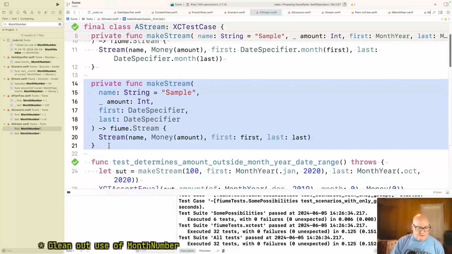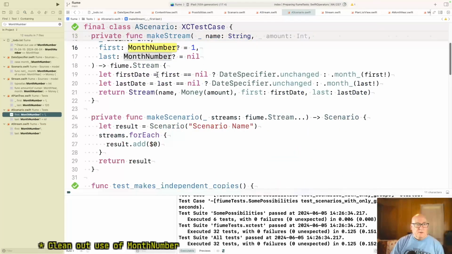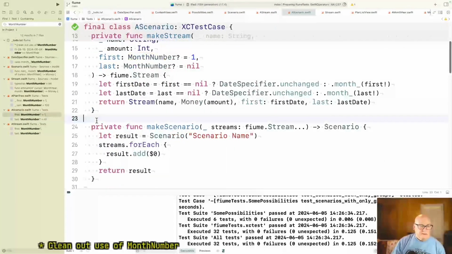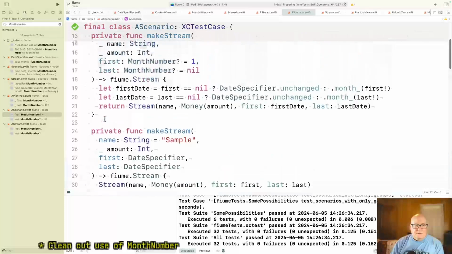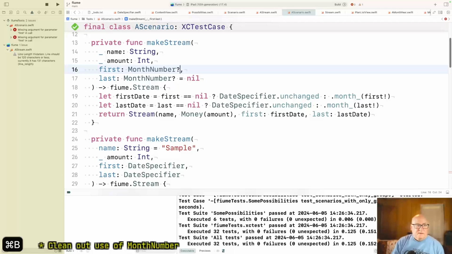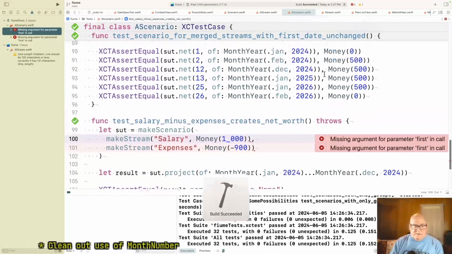I don't know if these rise to the level of being kind of in a helper class or something, but I'm going to do this with date specifiers. And then let's see if anybody squawks if I take this out. Okay.